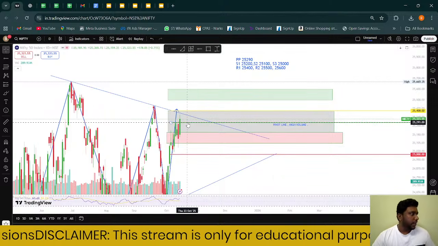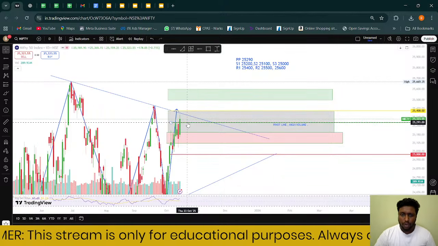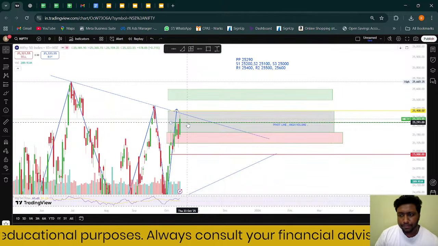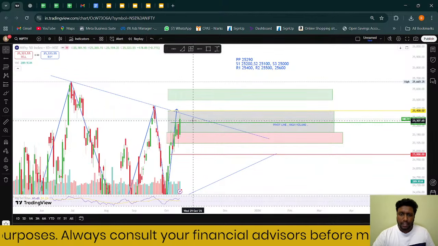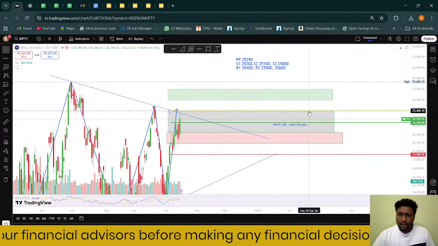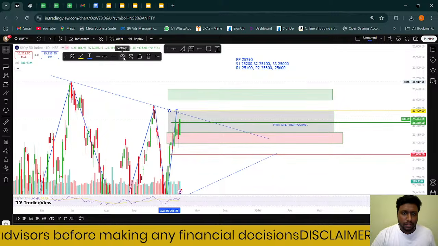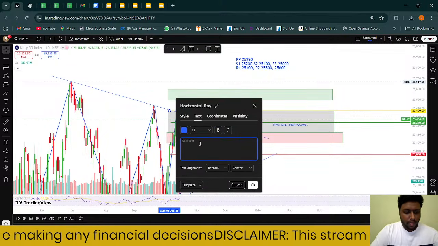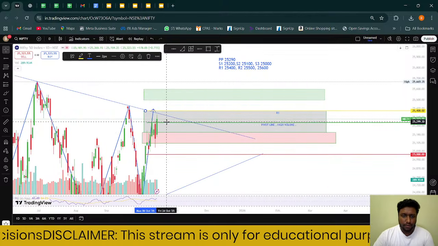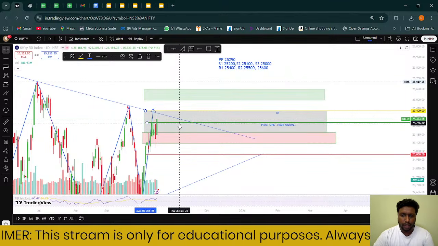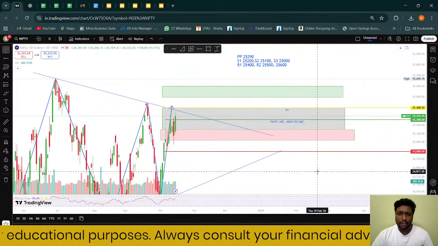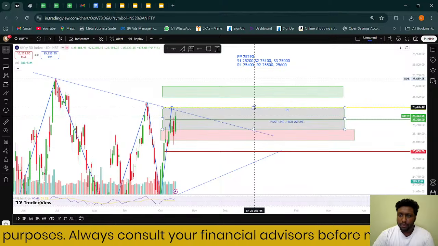If this movement sustains with a higher volume above this pivot line level, which is in the 25,290, 300 range, we can definitely witness a movement up to R1 first.